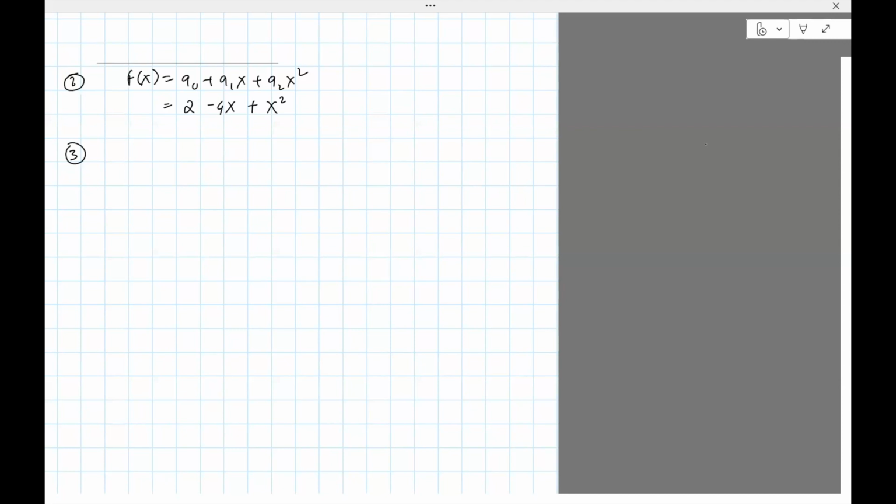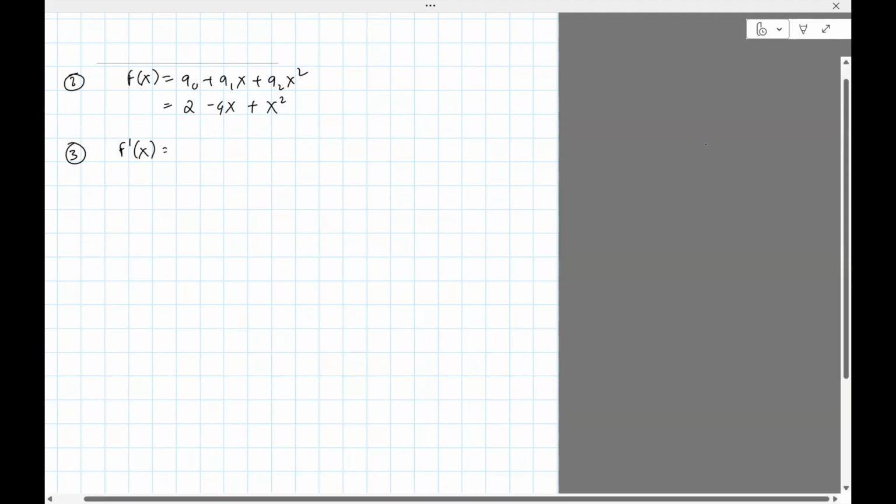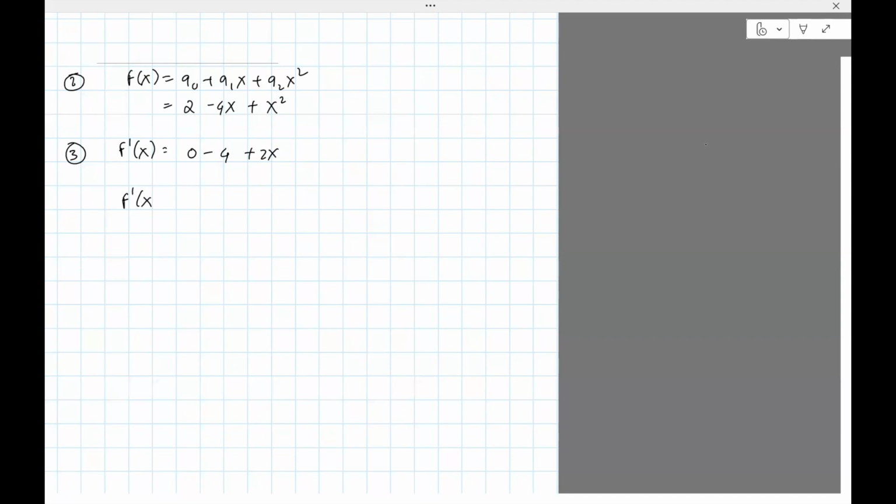The last step is to compute the derivative, which is kind of easy to do now. Derivative of 2 is 0. Minus 4x gives minus 4, plus 2x. Specifically, if I want to find the derivative at x equals 0.5, I have minus 4 plus 2 times 0.5, which is minus 3. So f prime at 0.5 is minus 3.